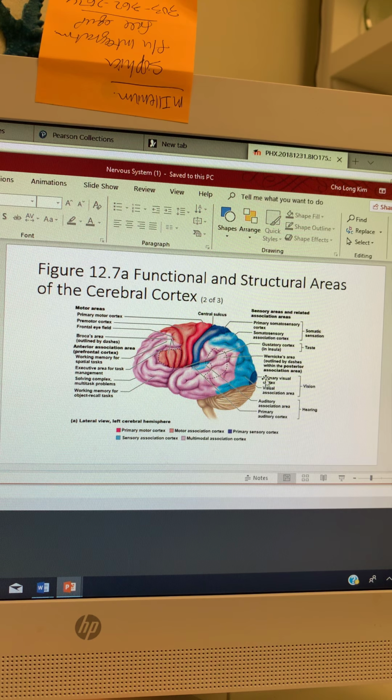So Broca's area should be right here. The other one that's really famous is Wernicke's area, in this area here. This has to do with word association.